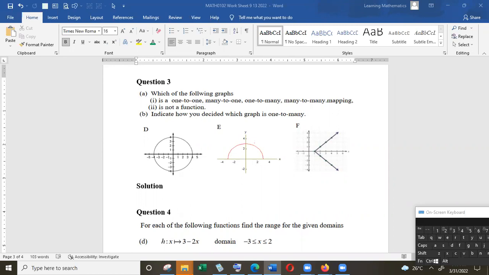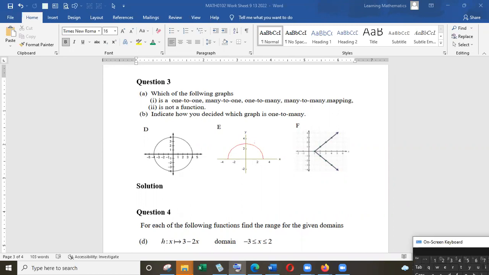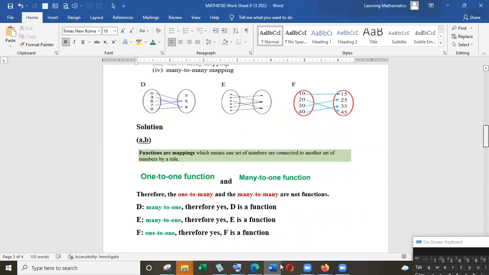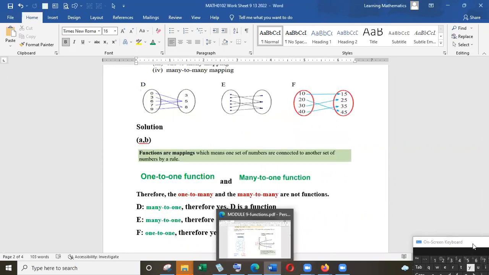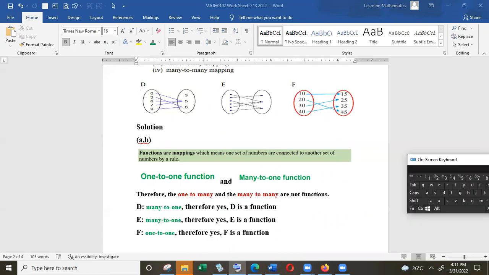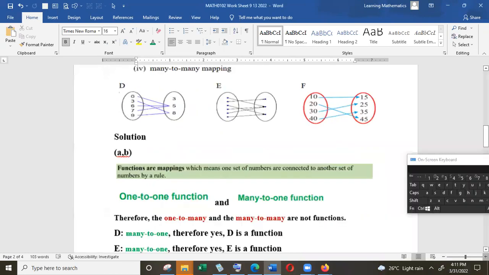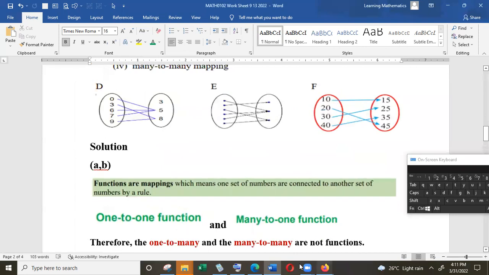Now recall we said that the functions are one-to-one and many-to-one. All right, so never forget that. Mappings that are functions are one-to-one and many-to-one.